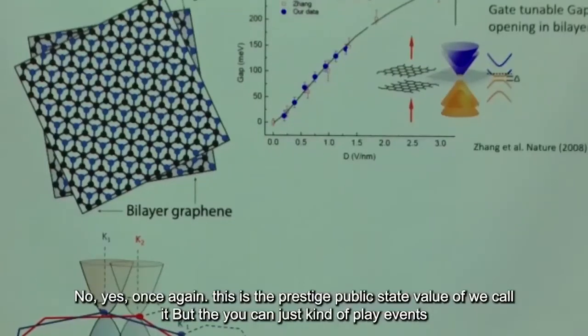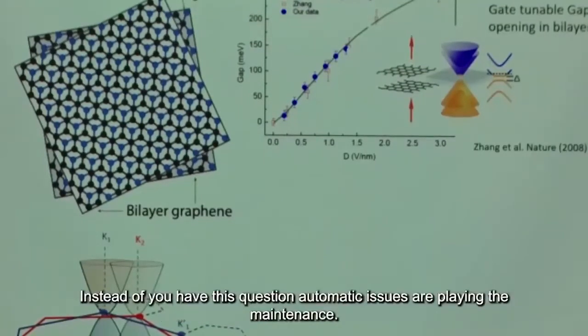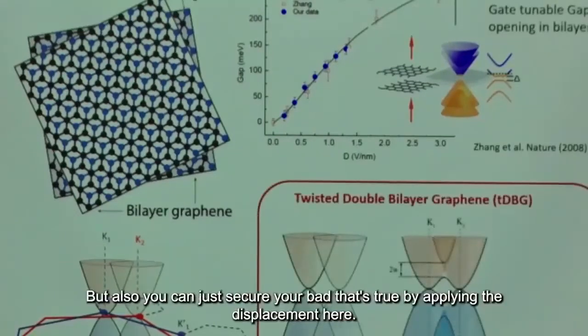Instead of the linear dispersion, you have massive dispersions. But the advantage here is that by applying the electric field, I can open up the gap, but you can also tune your band structures by applying the displacement field, the electric field in the vertical direction.